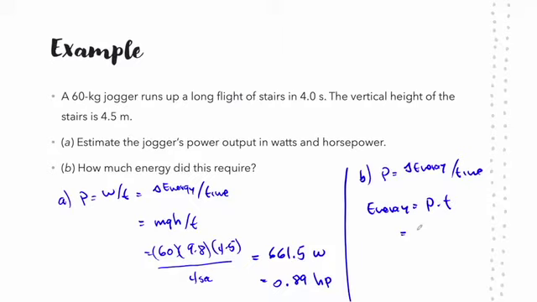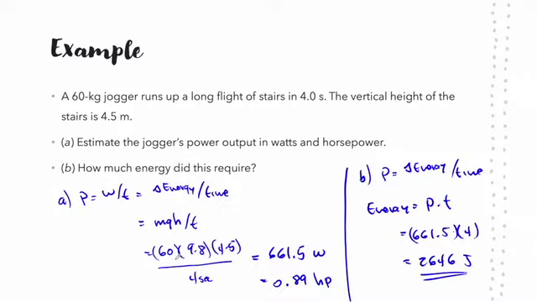So it's going to be equal to 661.5 watts multiplied by 4 seconds. This is going to give me 2,646 joules of energy, which is the same thing as if you calculate this part right here, the potential energy of the jogger.